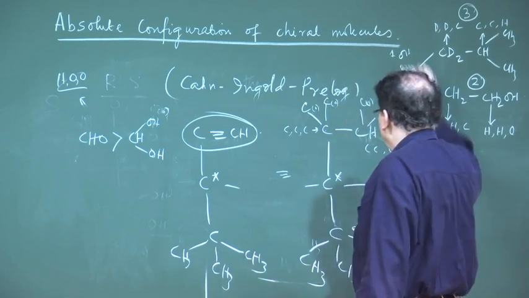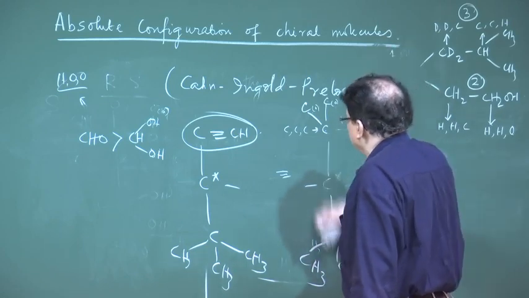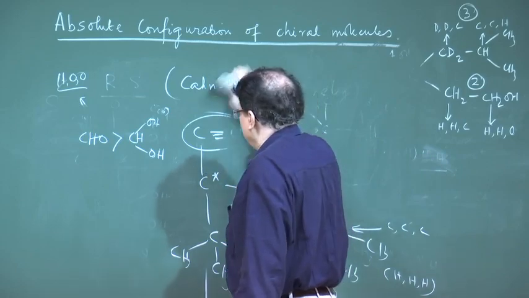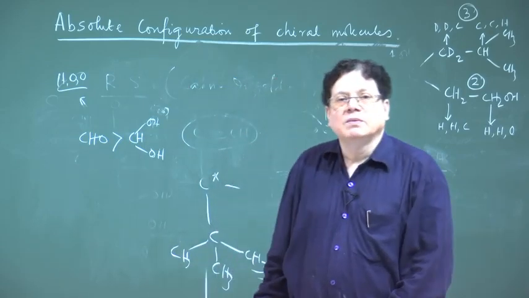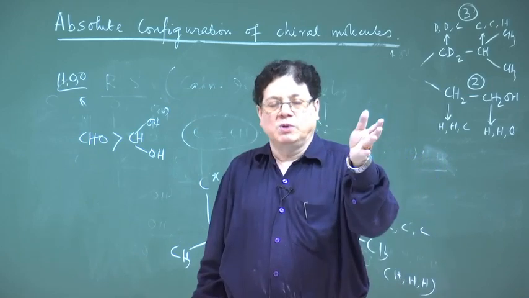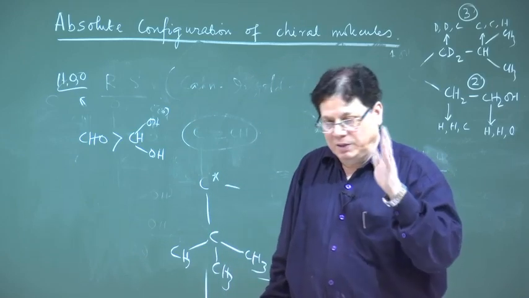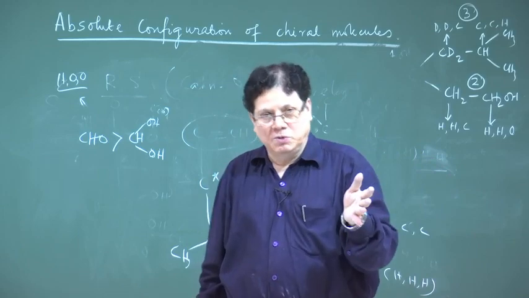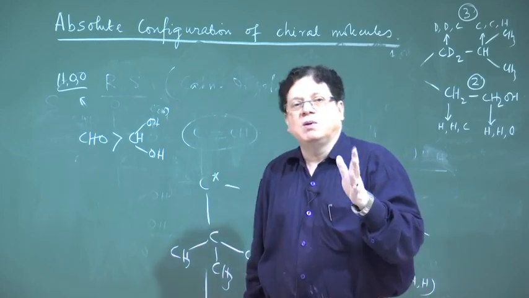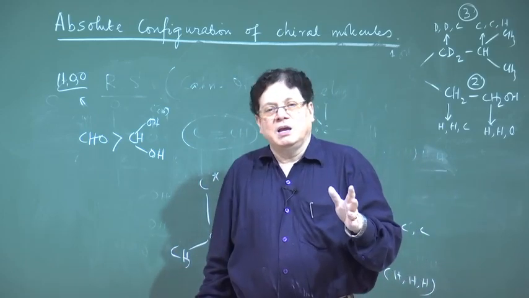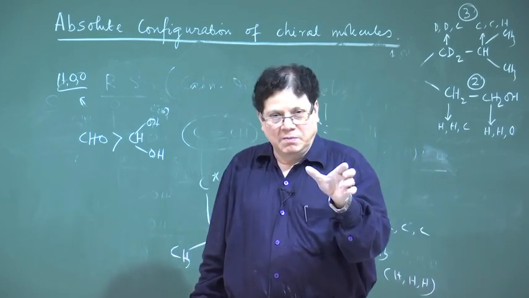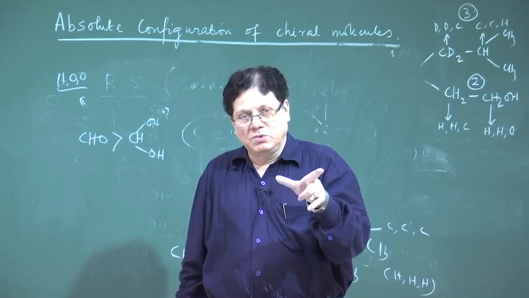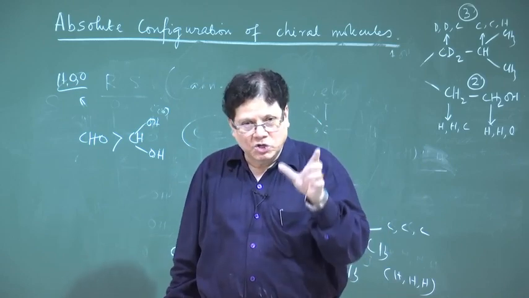So, the rule, as I said, is based on first of all atomic number. Once the atomic number issue is gone, if it fails to distinguish between two ligands, then you apply the atomic weight to distinguish between isotopes. And then for double bond systems and triple bond systems, you consider as if there is a single bond between the two atoms, but in addition these two atoms are attached to what are called ghost atoms.